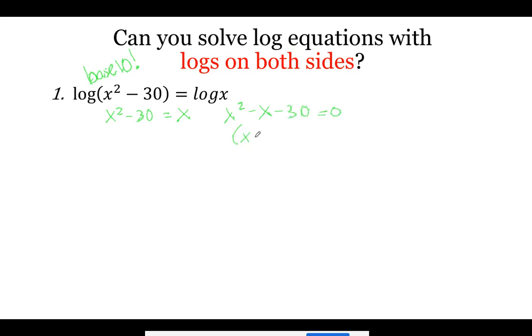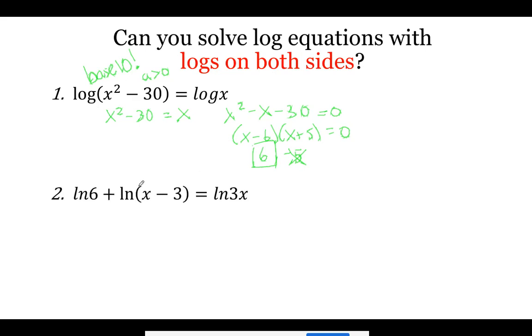Factor. x minus 6, x plus 5 equals 0. So you've got 6 and negative 5. Can it be them? Keep in mind the argument has to be greater than 0. If you plug in negative 5, you get 25 minus 30, which is negative, so it can't be this. So your value of x is just 6. 36 minus 30 is 6, and that would be a 6 as well.